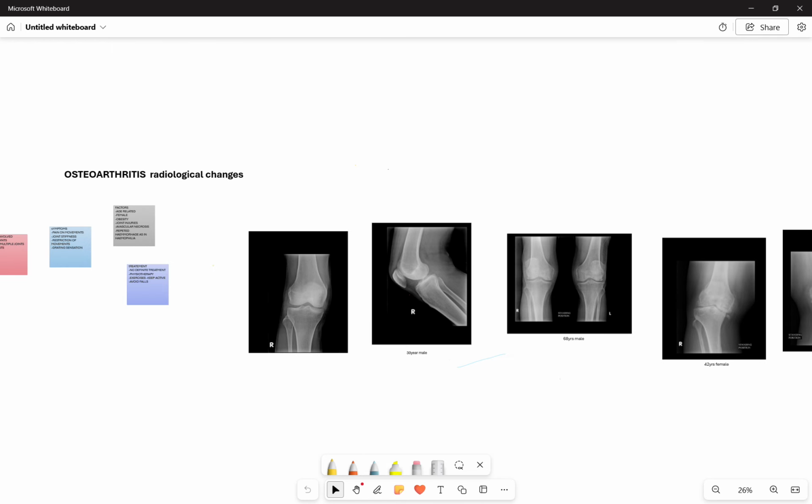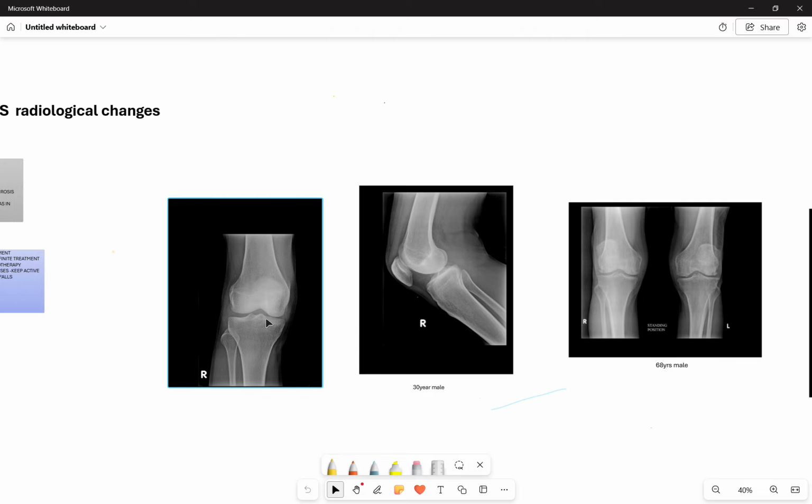It affects millions of people, and to appreciate osteoarthritis, one must know what the normal X-ray findings are and what changes take place after osteoarthritis. Now let me start with the normal X-rays first.